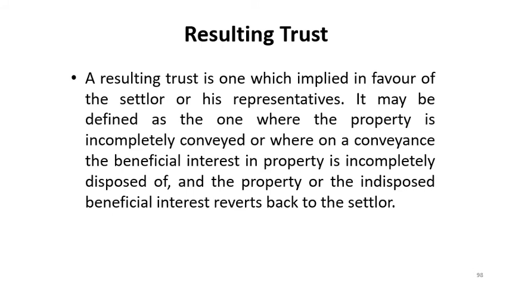It may be defined as one where the property is incompletely conveyed, or where on the conveyance the beneficial interest in the property is incompletely disposed of, and the property or the undisposed beneficial interest reverts back to the settlor. That is known as a resulting trust.